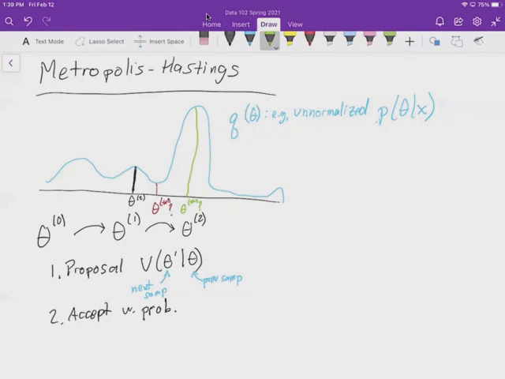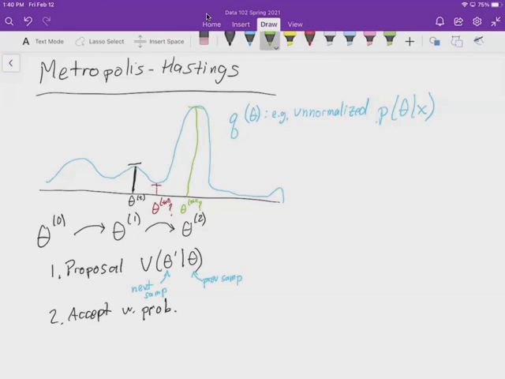So we should be generating a lot more samples that look like the green one. And we should be generating a lot fewer samples that look like the red one because it has lower probability. And it even has lower probability than the theta t we originally started at, right? So we can think of this as medium, we can think of this as low, and we can think of this as high, right?